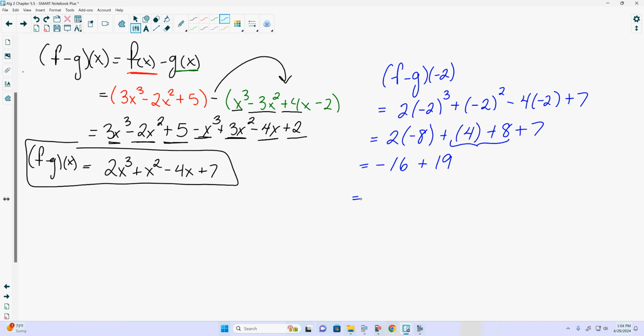And negative 16 plus 19 is 3. So f minus g of negative 2 is 3. Now, you didn't have to do that by hand. You could have typed the whole thing in the calculator, and it would have told you 3. So that's it.